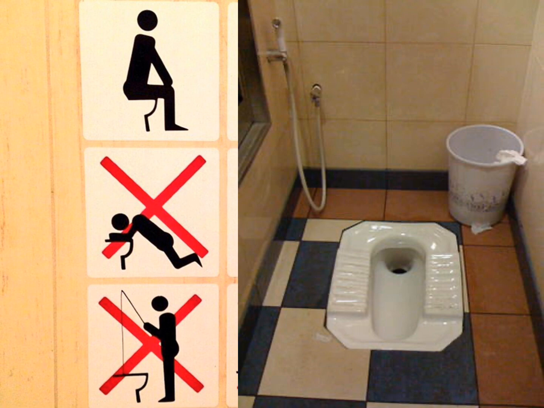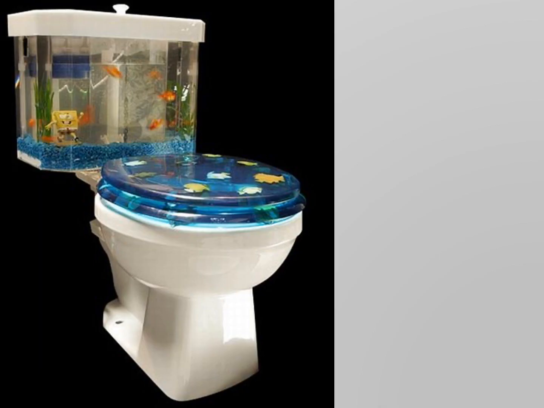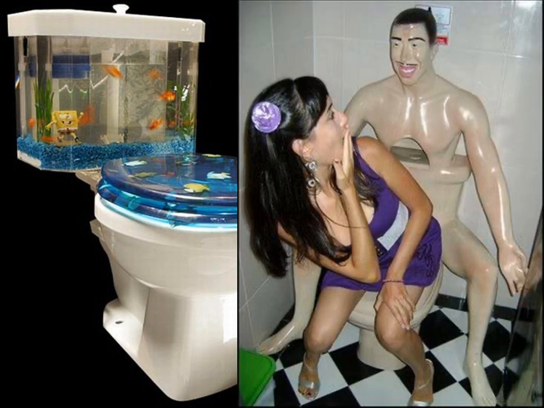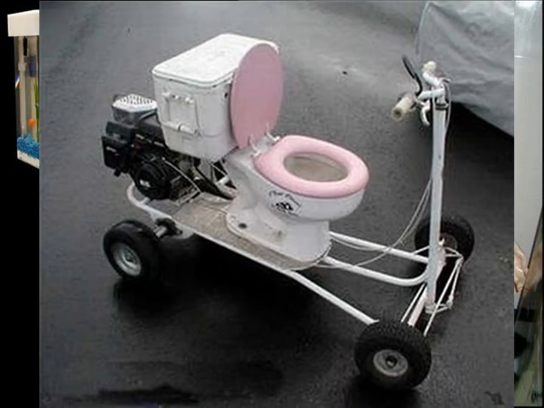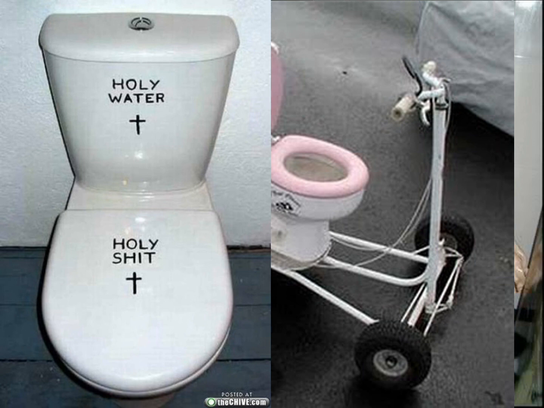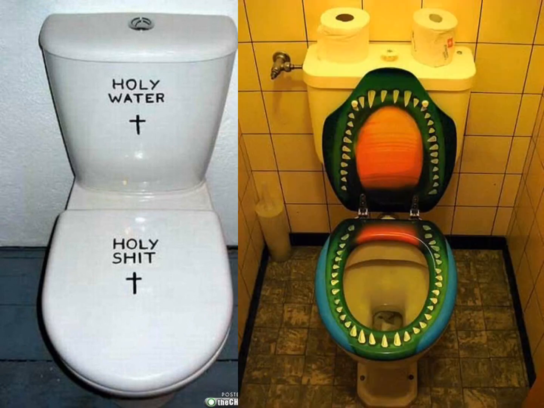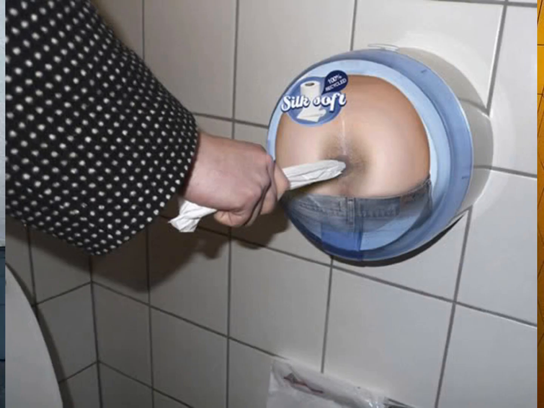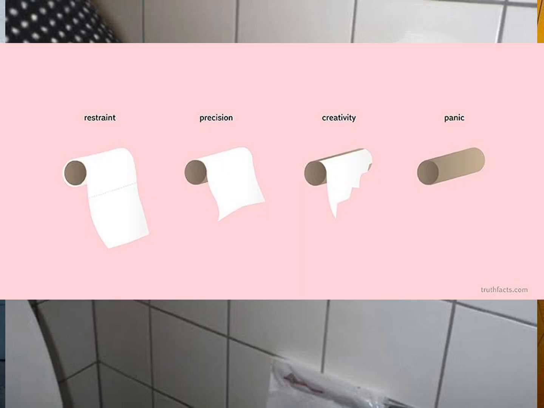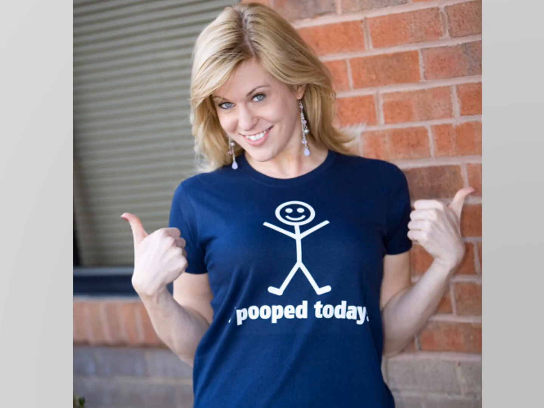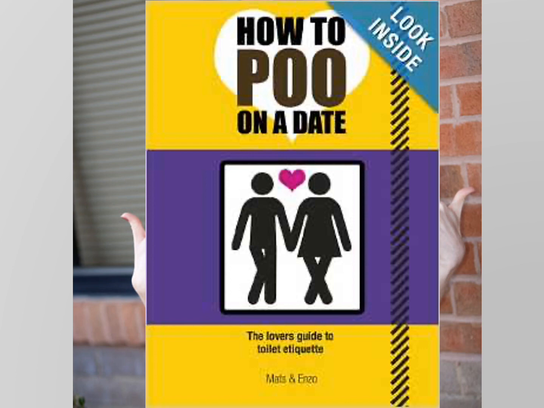The wastebasket is just for paper towels for your hands. SpongeBob. Holy water, holy shit. Not sure I'd sit on that. There's an interesting toilet paper dispenser. Restraint, precision, creativity, panic. I pooped today. How to poo on a date?